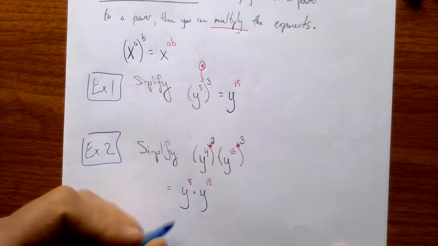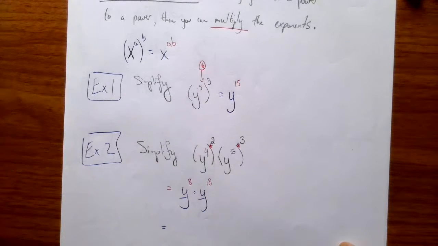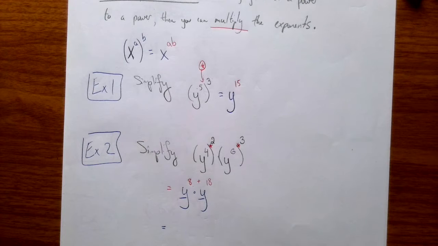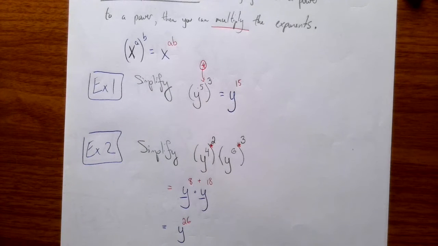But then what we have left over here is a power being multiplied to another power that has a common base. If you multiply powers with a common base, you may add the exponents. And so what we have here as our final answer would be y to the power of 26.